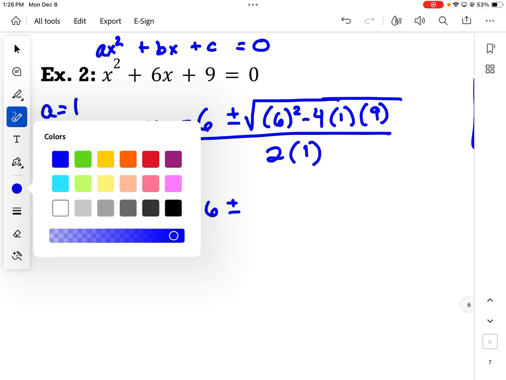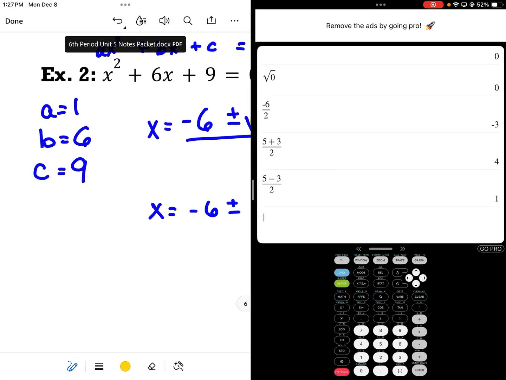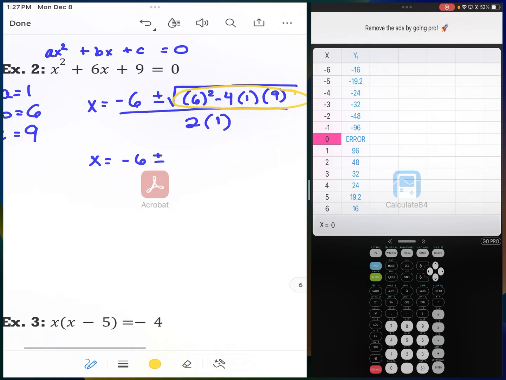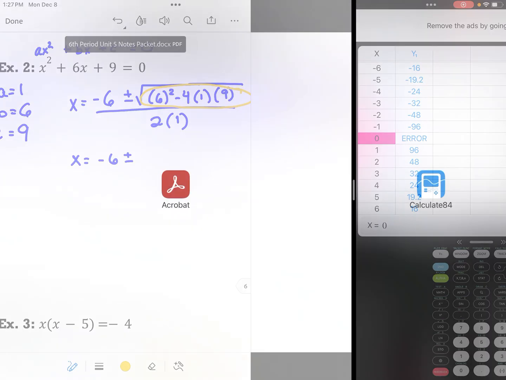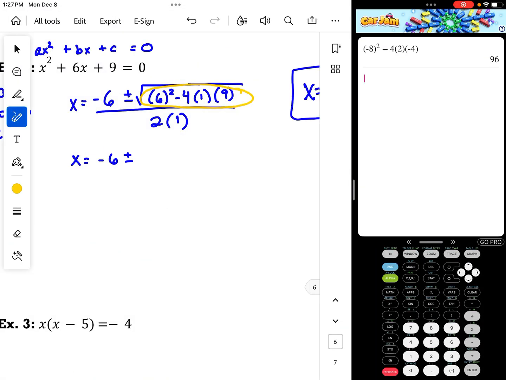Okay, so like the last one, we're going to find out what needs to go inside this radical. 6 squared minus 4 times 1 times 9.